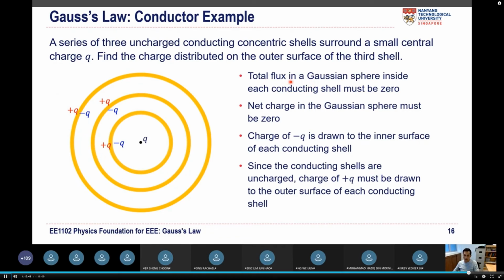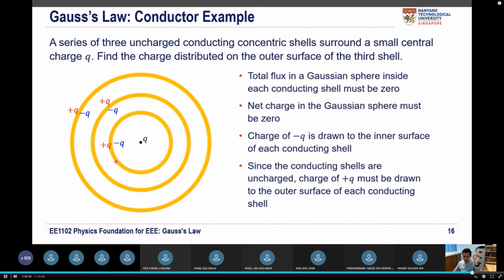We know that the total flux through a Gaussian sphere constructed inside a conductor is going to be 0. If I create a spherical Gaussian surface inside this first conducting shell, I will have 0 net flux, because the electric field inside the conductor is 0.